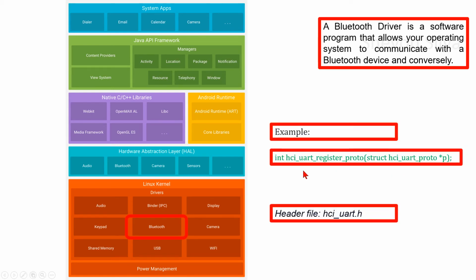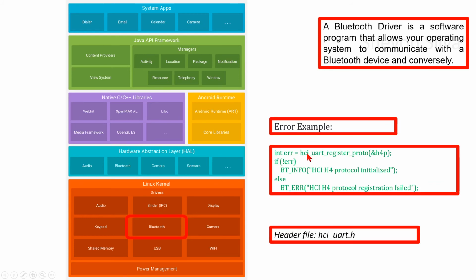As an example, we can consider the hci_uart_register_proto(struct hci_uart_proto *p) function. It's in the hci_uart header file.